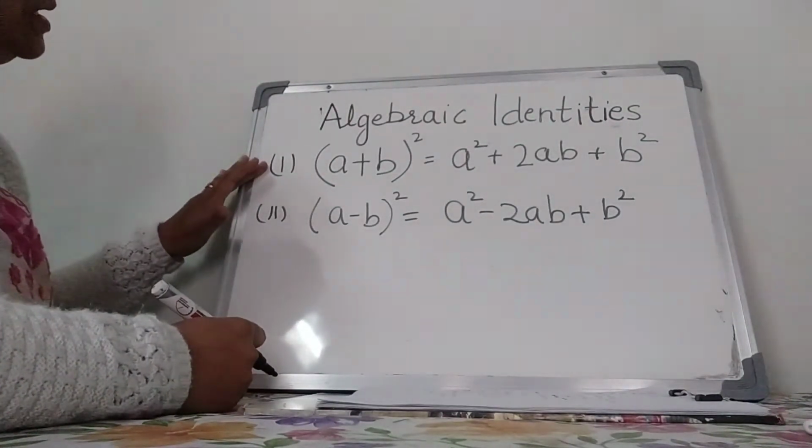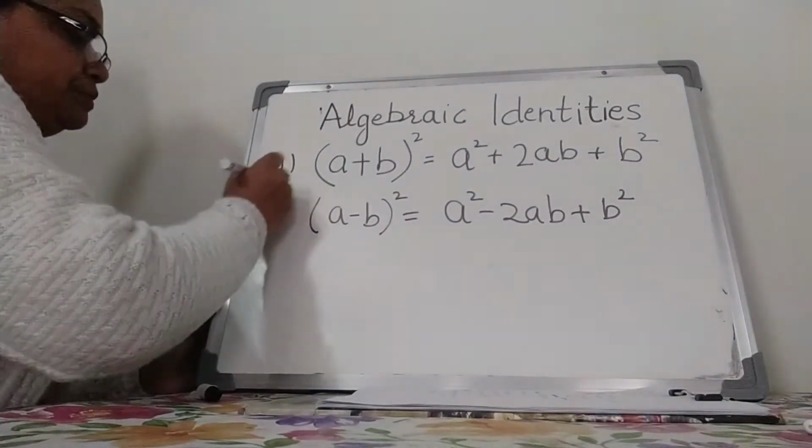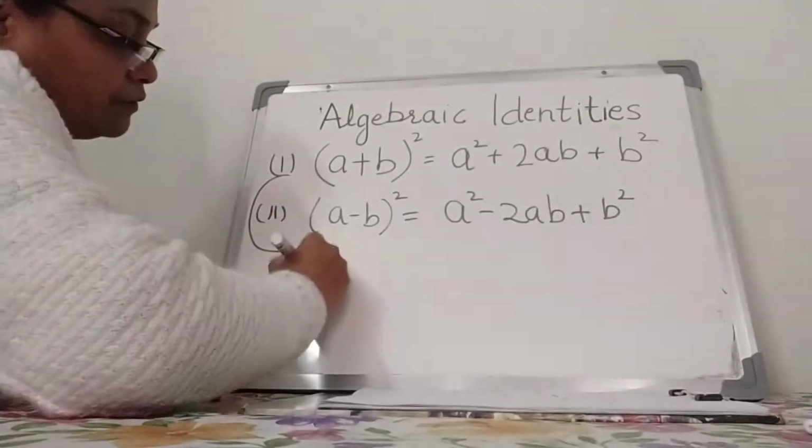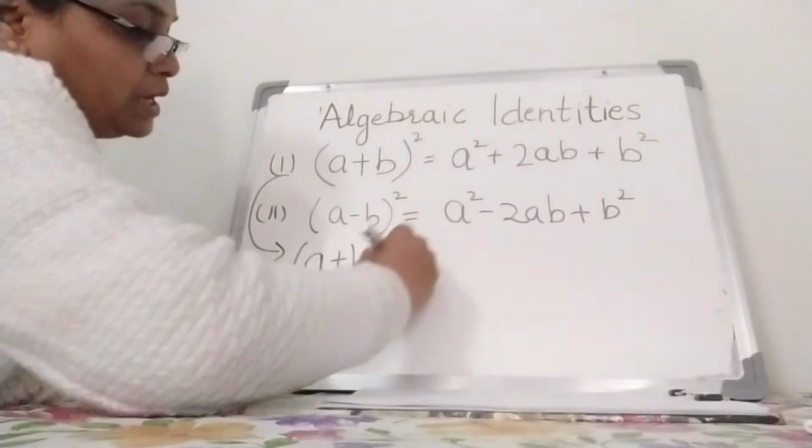You see, the first identity is (a + b) whole square. What does it mean? It means we multiply a + b with a + b.